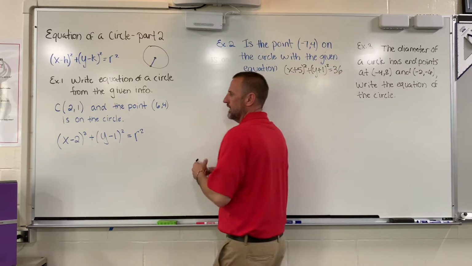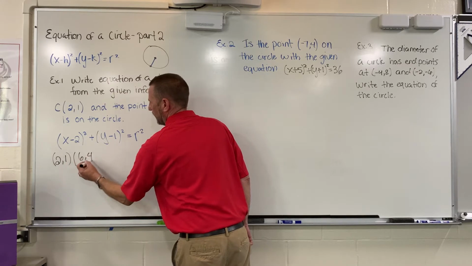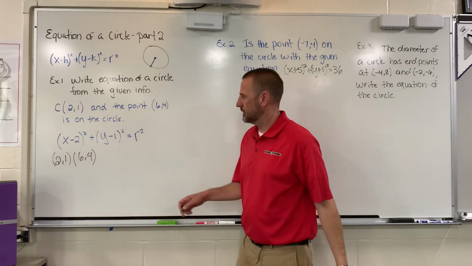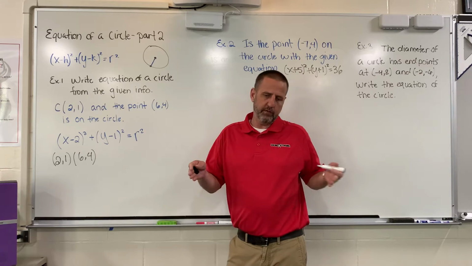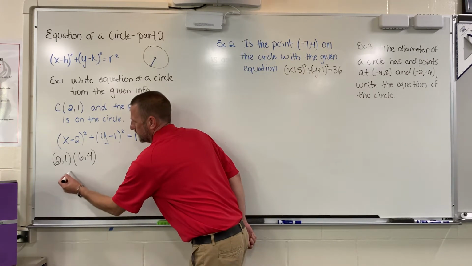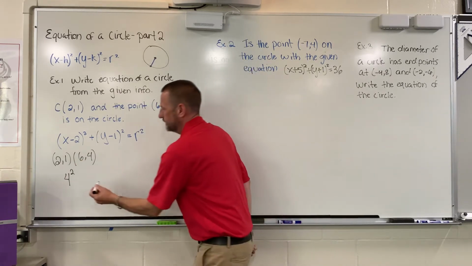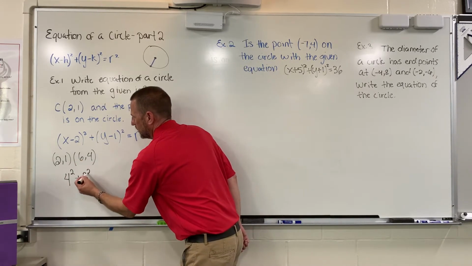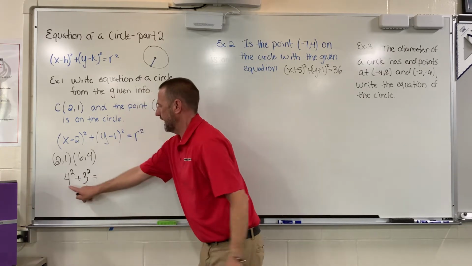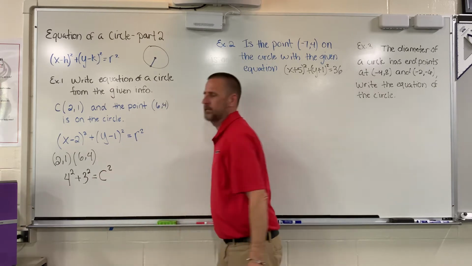So if I take the 2 points that I've been given, the center 2, 1 and 6, 4, I know that going this way, from 2 to 6 is 4 spaces. And from 1 to 4 is 3 spaces. And this is my a squared, my b squared, and this is c squared according to Pythagoras.